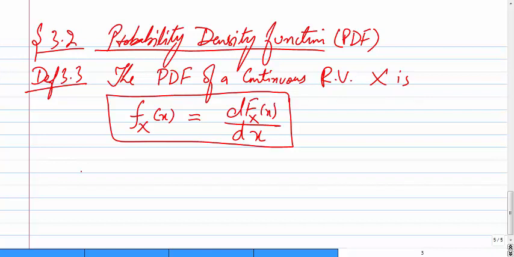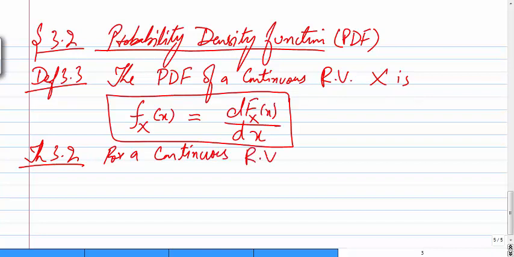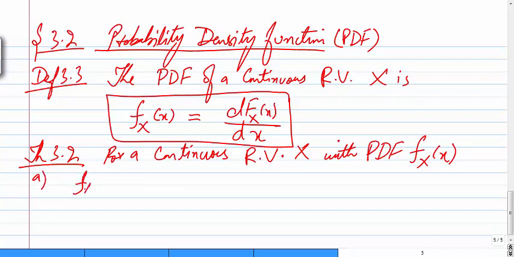Okay, now there is a theorem, Theorem 3.2, which says that for a continuous random variable X with PDF f_X(x), the first property is that the PDF f_X(x) is always greater than or equal to 0 for all x, because this forms the first axiom of probability.